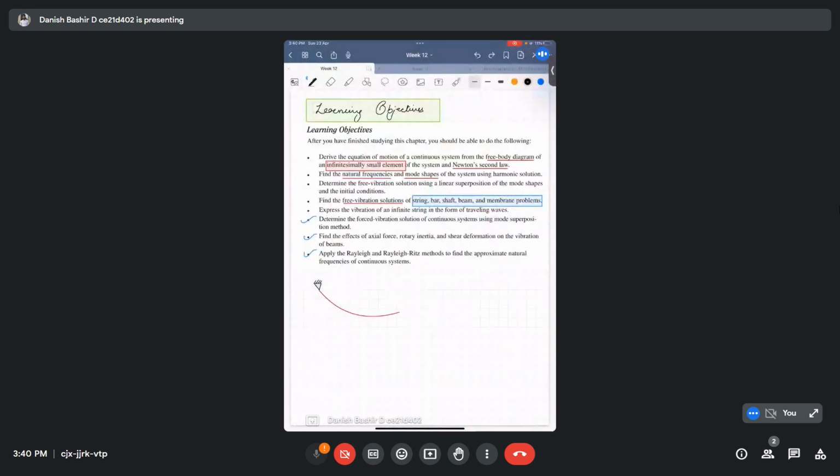Sorry for the disturbance. Okay, for example, we are having a string like this. This is a taut string. It's having some span, L is the span.